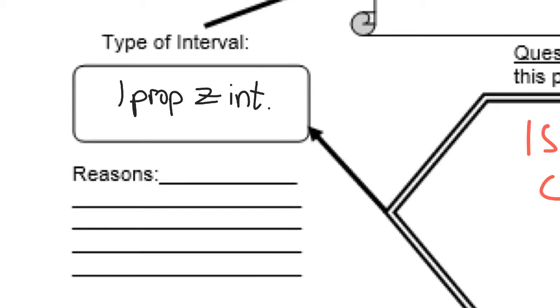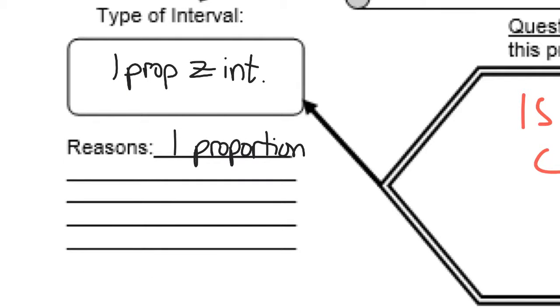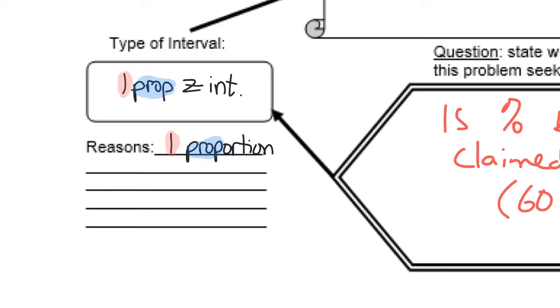All right. So reasons. This is going to blow your mind. There's one proportion. So that's going to justify the one prop in the one prop z interval.